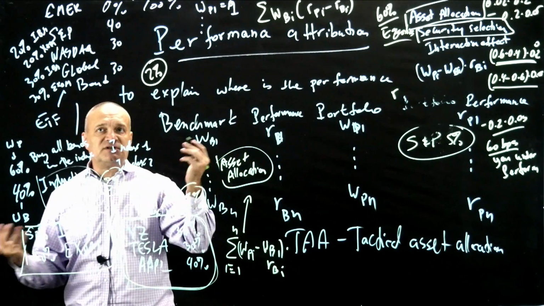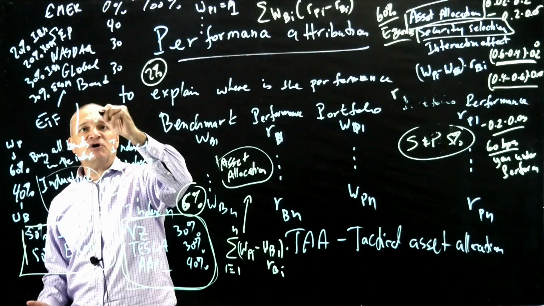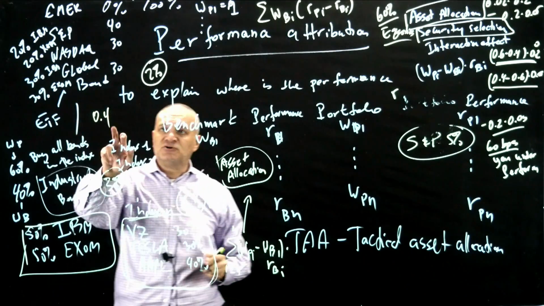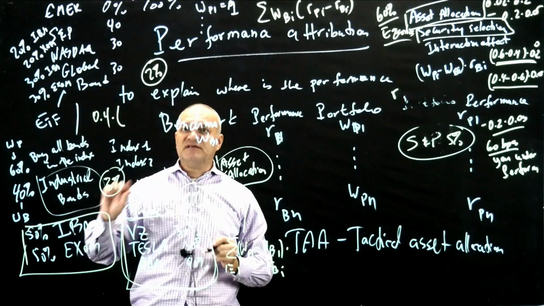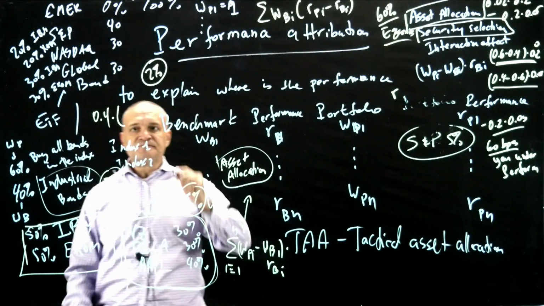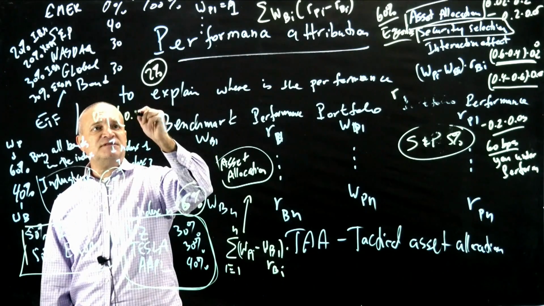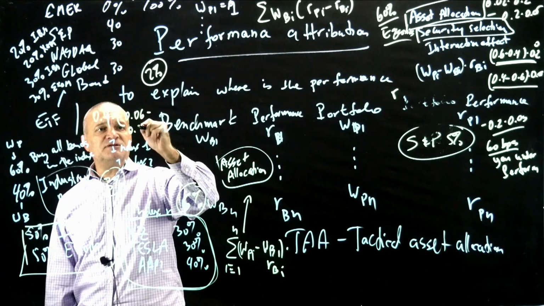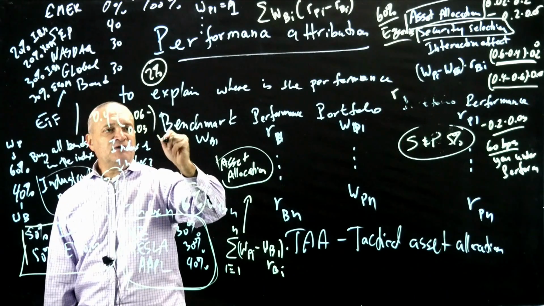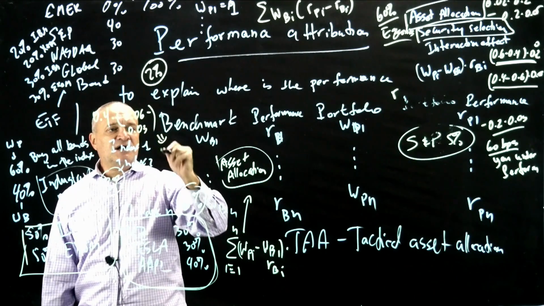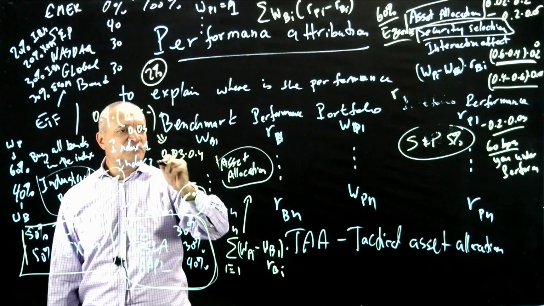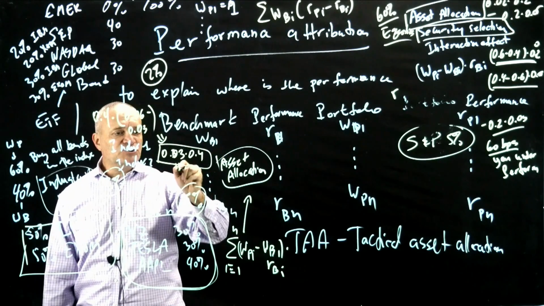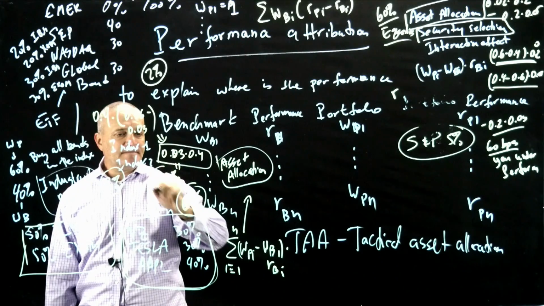Then what is going to be your security selection effect? It is going to be 0.4, because this is your benchmark weight, times 0.06 minus 0.03, which is 0.03 times 0.4, which is going to be 1.2%.